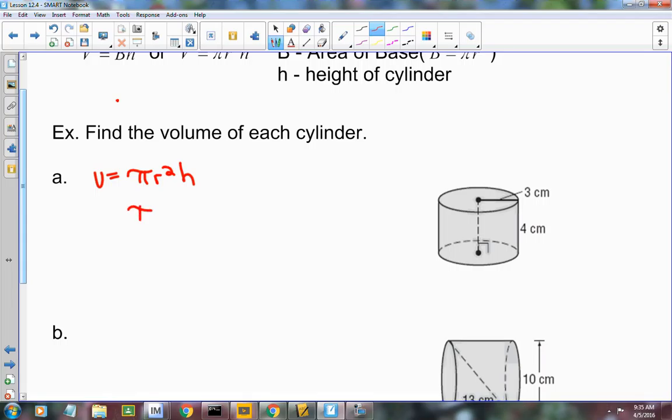So it's pi times 3 squared times my height, which is 4, right? So 3 squared is 9 times 4, which is 36 pi, correct? And so if I plug that in, I end up with 113.1 centimeters cubed.